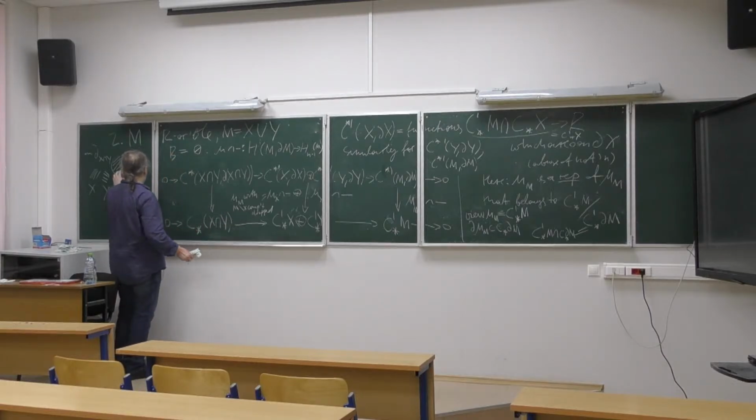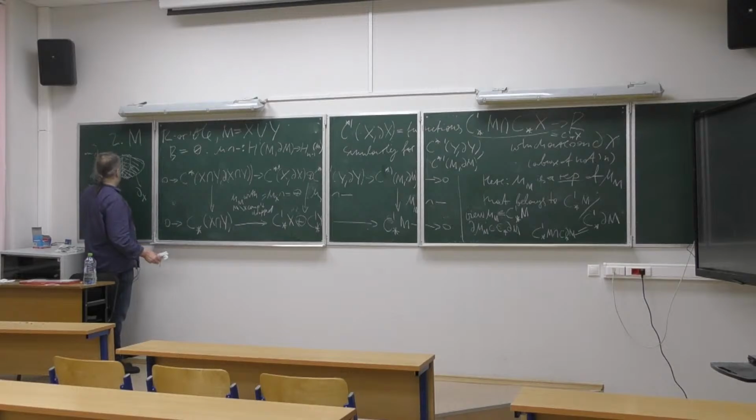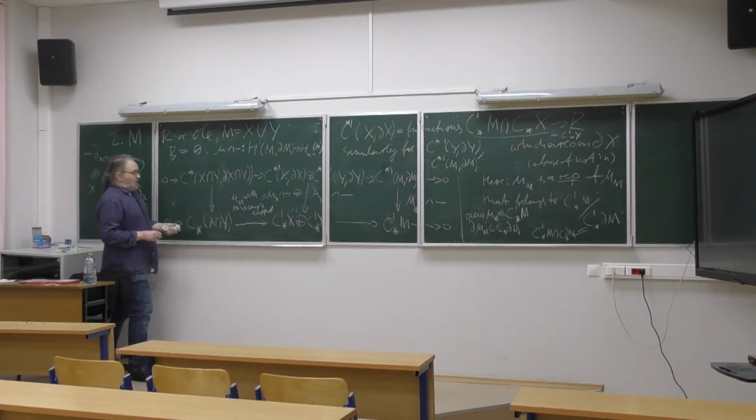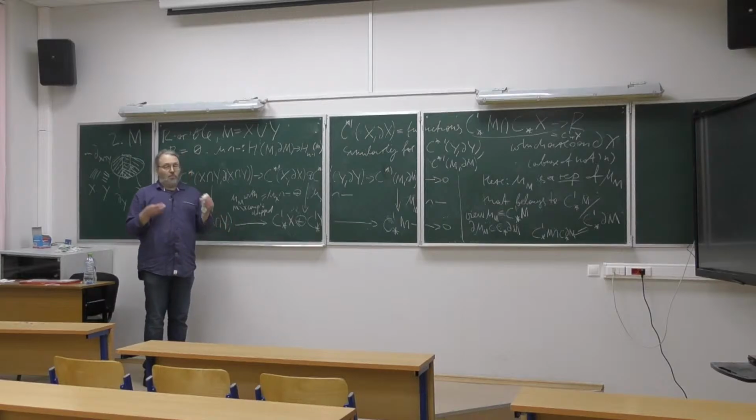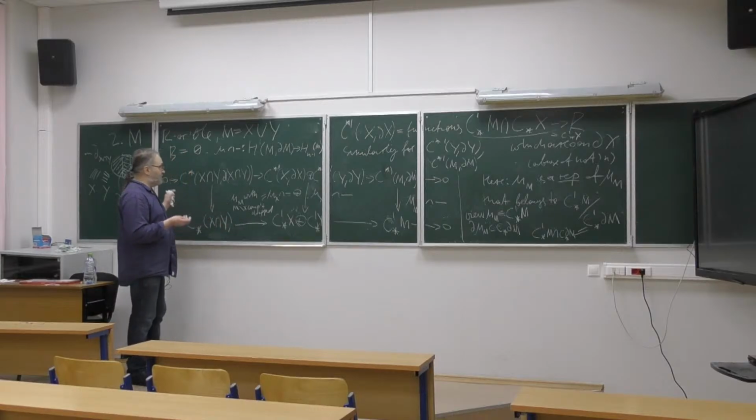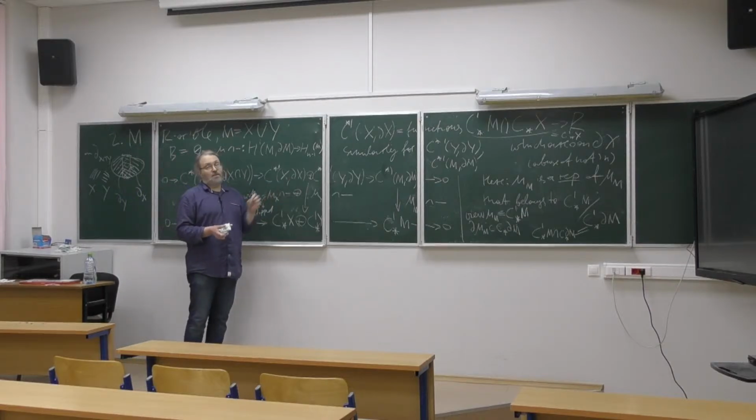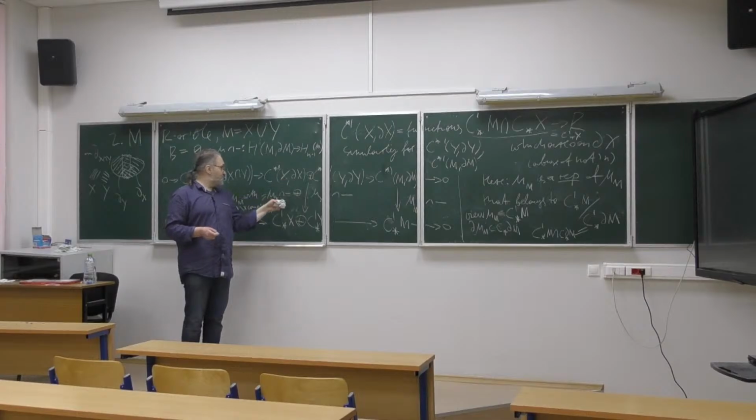We have three components: some component which belongs to m minus y, m minus x, and y intersected with x. We get something, and this something may have boundary, but this boundary will be in delta x. So the map from this group to this group is still well defined.